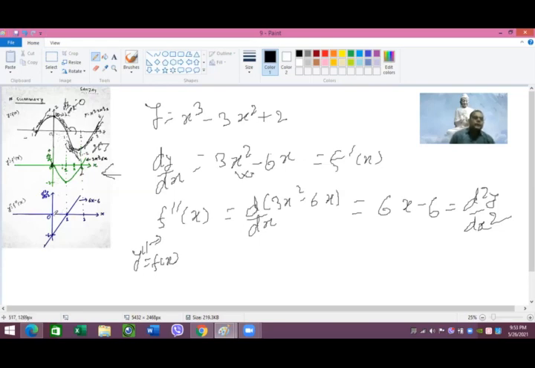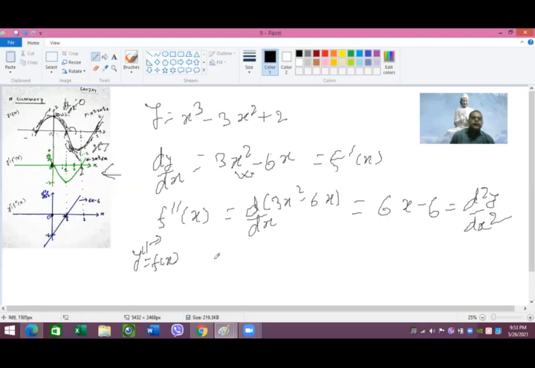So after 0, you can see that below 0 the second order derivative is negative, and finally after 0, until 1, just before 1, the part of the second order derivative curve, or the line you can say, is negative here.